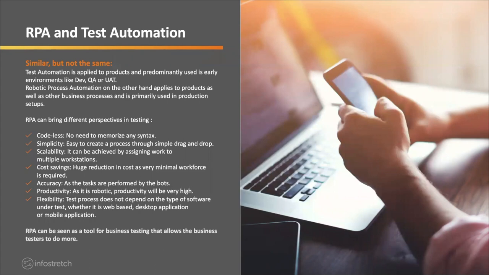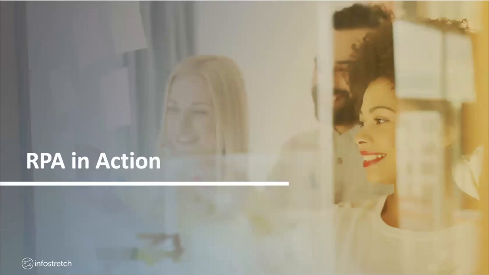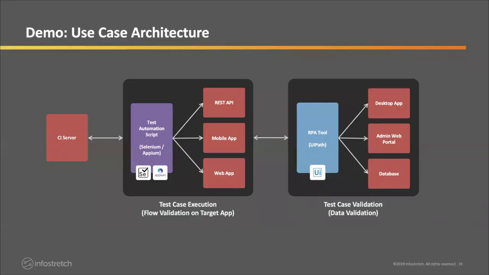So with that understanding, I wanted to share with you a small demo that we have, and this is a real use case that we are using for our application here in InfoStretch. This is something that will help you understand how we are actually using it. We have the HRMS application that we use for all our human resource management.